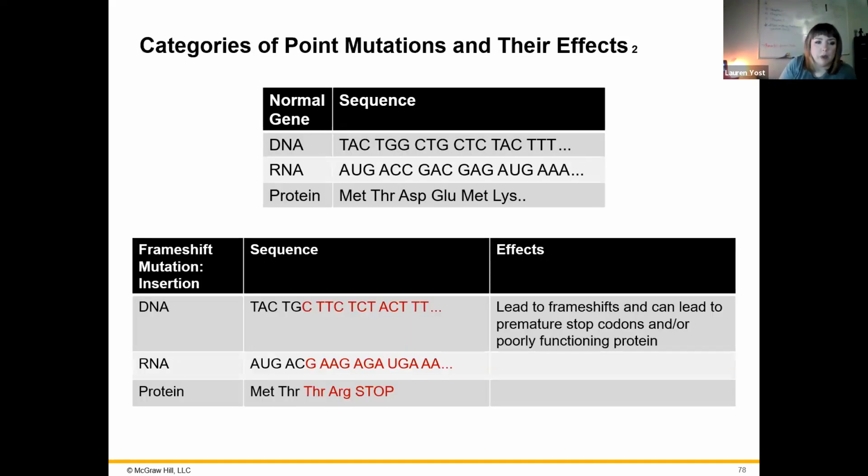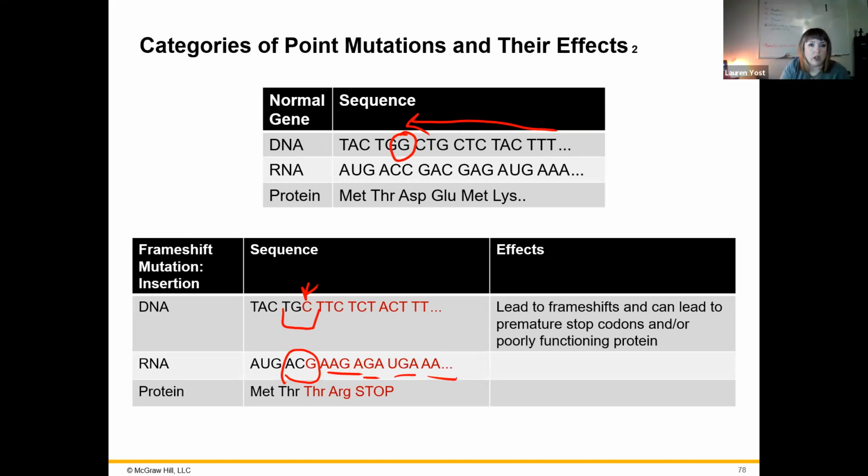So this is an example of that. We have deleted this G right here. And so now we have the C, and we've shifted everything down. So now instead of TGG, we have TGC and whatever. So you see how this affects the actual RNA and the actual codons that are going to be read.